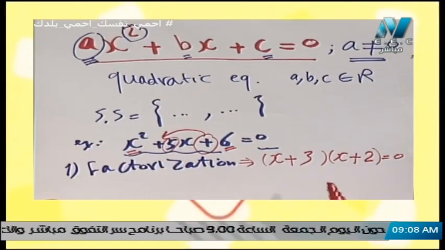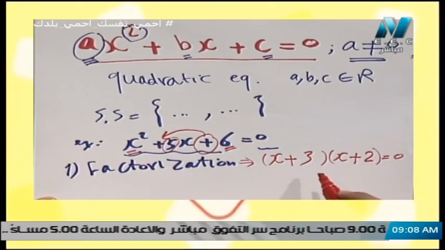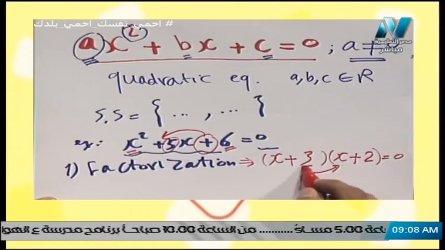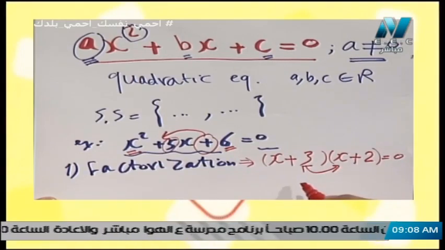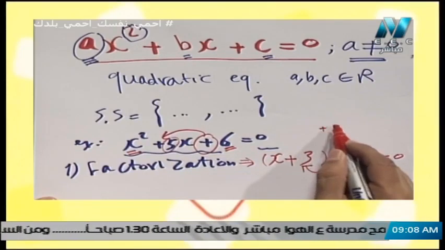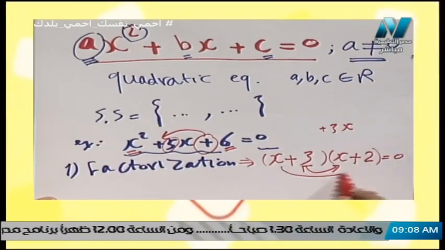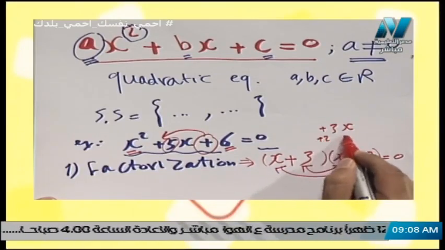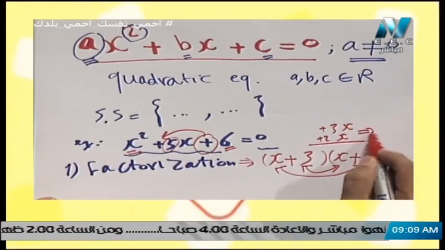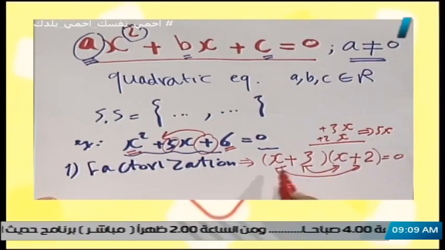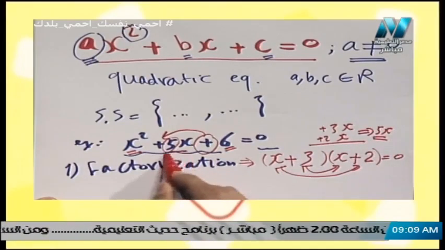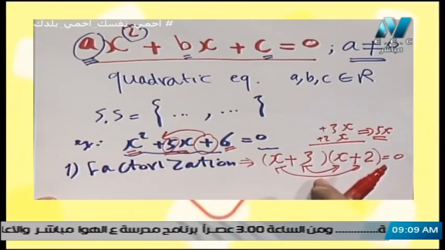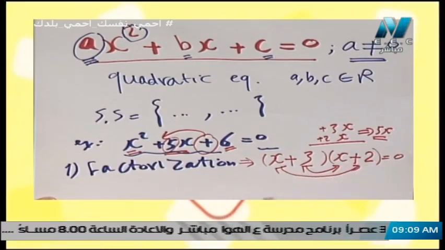Okay, we have to check that the factorization is right. We multiply the means by each other, it will be positive 3x, and the product of the extremes will be positive 2x. Their sum will be 5x, which is the middle term. So the factorization is right.